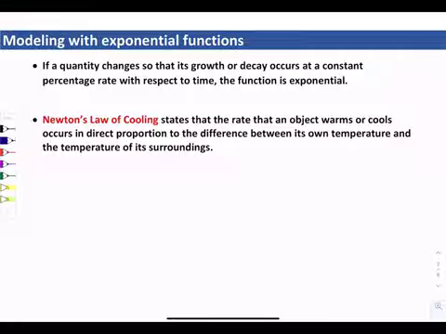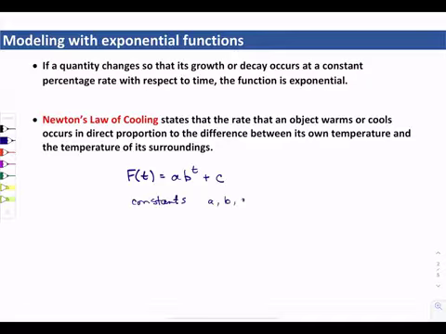Specifically, Newton's law of cooling states that the temperature F of a cooling object at time t is modeled by f of t equals ab to the t plus c for some constants a, b, and c, where b is between 0 and 1.